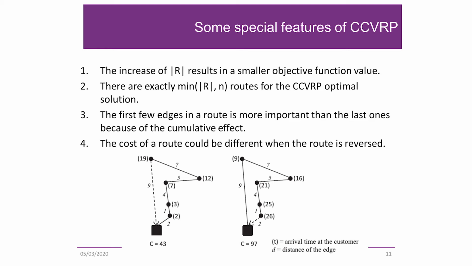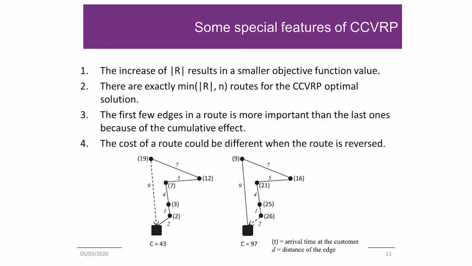So, looking at this illustration here, for example, if we consider the route in the anti-clockwise direction, starting from the depot and going this way, if we sum up all of these cumulative costs, we get 43. And then if we reverse the route to the clockwise direction, the cost is 97.